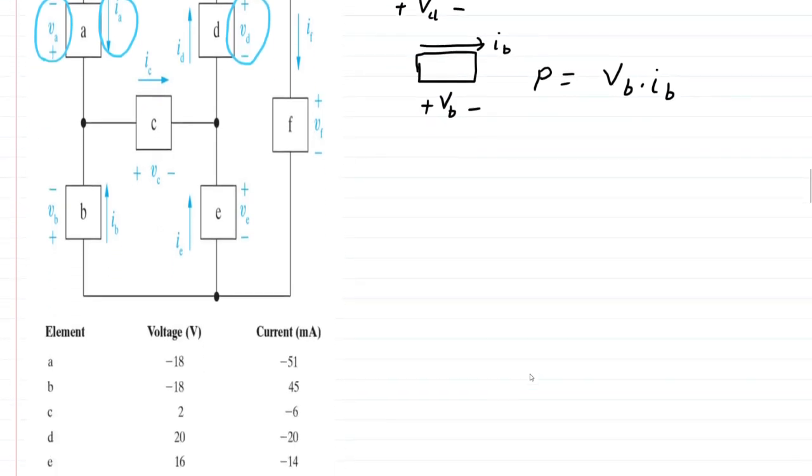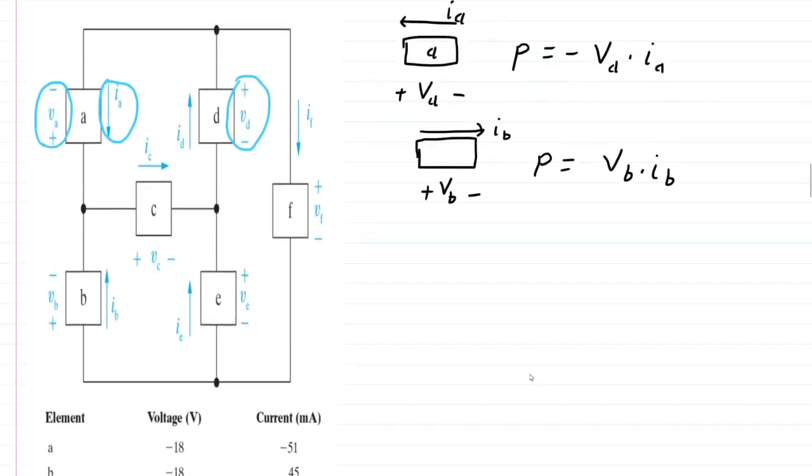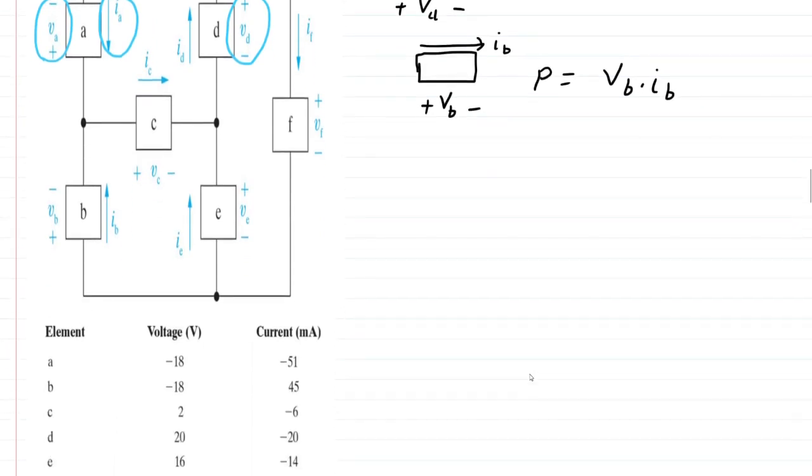So anyway, to start with circuit element A, as we discussed before, we have the current going opposite of the plus. So it's going to be a negative.